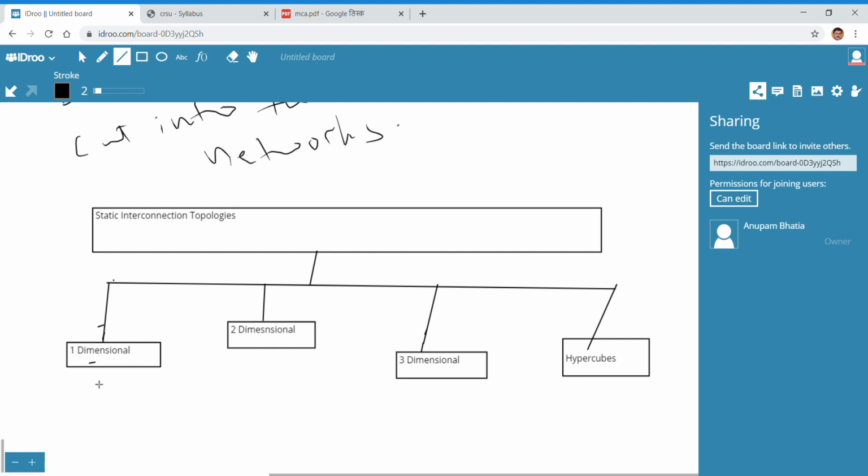The one-dimensional has one type, that is the linear array. The two-dimensionals have four different categories.